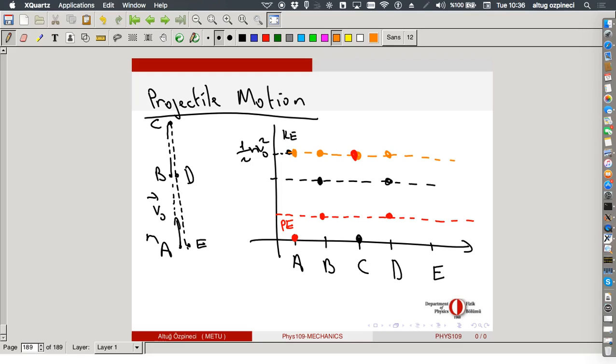Did it change before it hit the ground? No. What about the kinetic energy at the point E? The same as at A, equal to the mechanical energy, and the potential energy is 0.